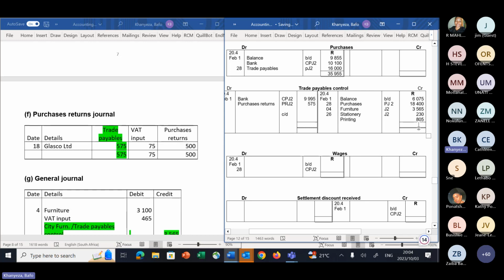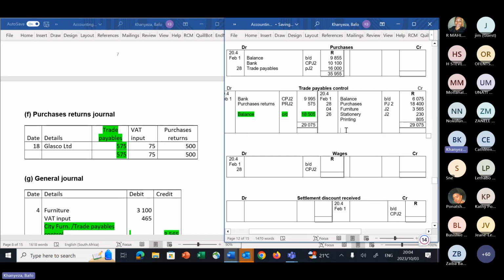575. So that reduces the amount of creditors that we owe. So how much do we get there? We get 29075. Then how much is the balance? Balance carried down is 18505. This is the balance carried down to make this 18545.